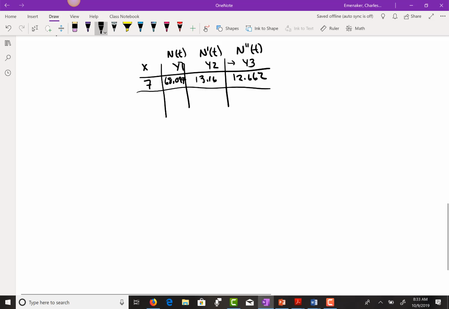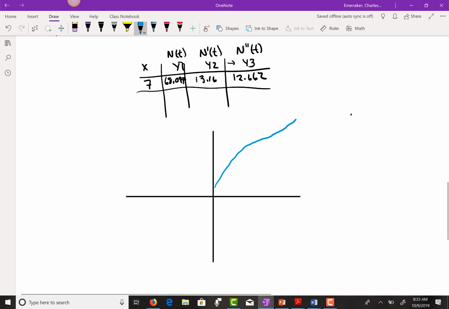If we graph this function, okay, if we graph this function, the function sort of goes like this. With 7 being somewhere right around here. Okay, so the point we are on this graph is right around there.